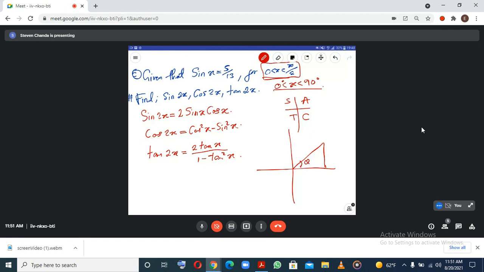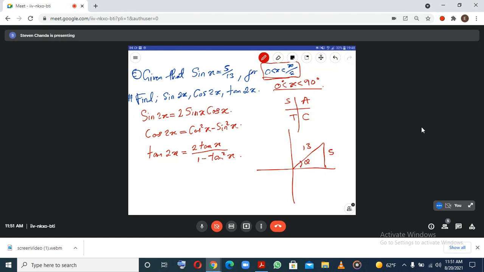So sine is opposite over hypotenuse, and our sine is 5 over 13. So opposite is 5 and hypotenuse is 13. That makes sense, right? That's what the money really is.